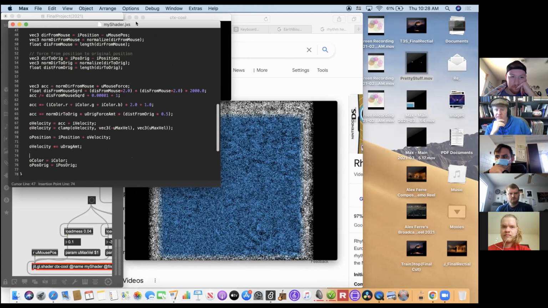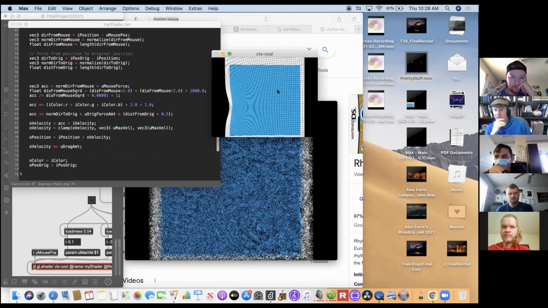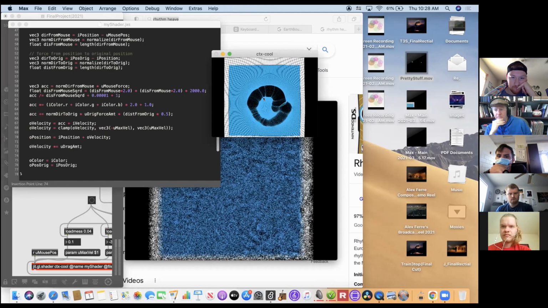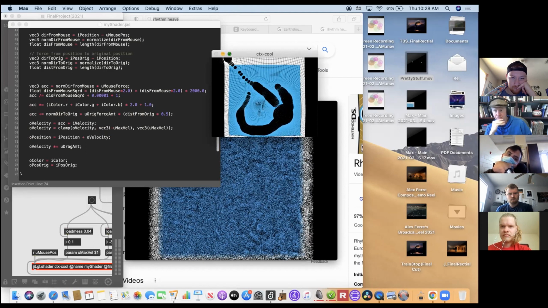So we have vertices that are points, vertices that are sent to a mesh. So we have this 2D to 3D process happening, and based on the brightness of the pixel or, in this case, the force applied by the mouse, those vertices are shifted in space.